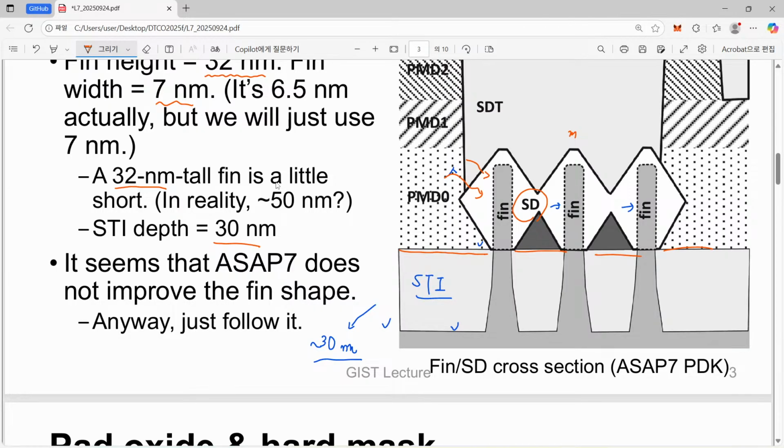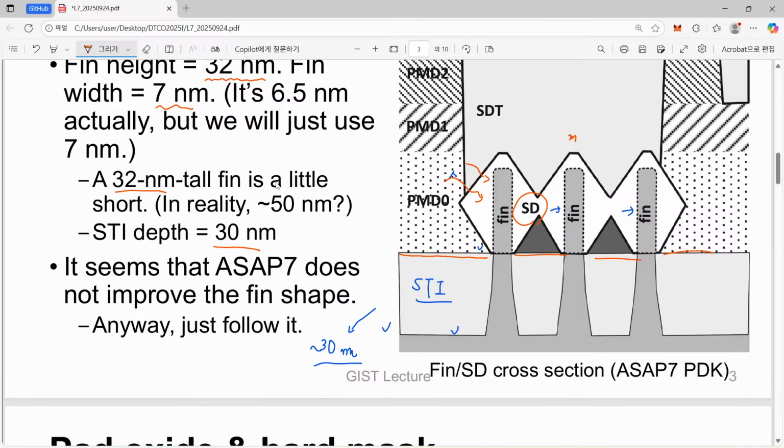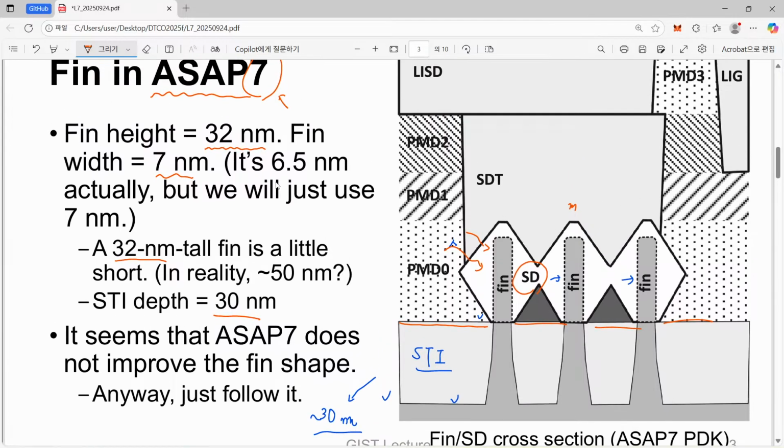So just please wait for a while. And simply speaking, our gate contact is located around this, and all other parts like LISD, PMD1, 2, PMD0, LIG, all kinds of these are corresponding to middle end of line or back end of line. So we will talk about them later.